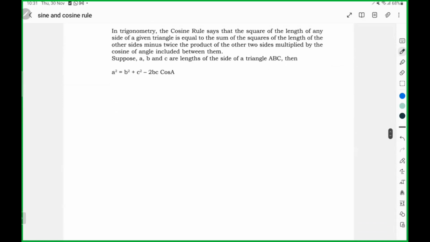So here we have two useful formulas. One is cosine and the other is sine. So let us derive those formulas.